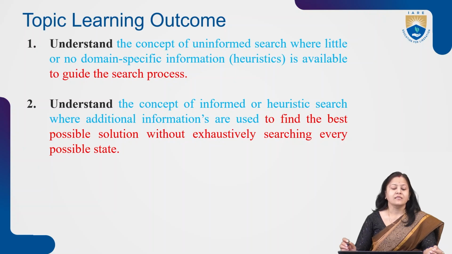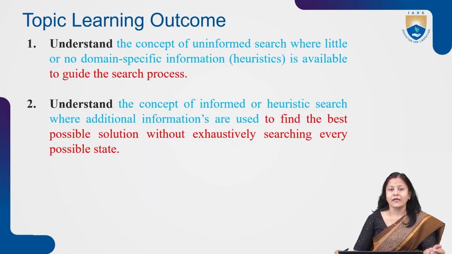Before going to discuss, let me tell you the topic learning outcome, as I'm going to discuss uninformed search and informed search in artificial intelligence. Based upon the uninformed search, after the completion of that topic, students can understand the concept of uninformed search, where little or no domain-specific information is available to guide the search process.